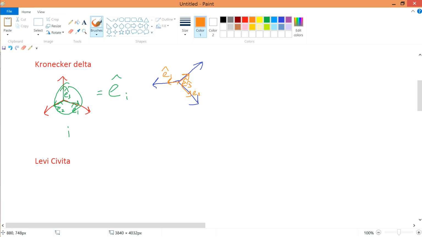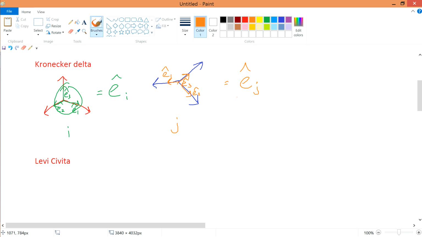So this other space has another configuration, another set of basis vectors, and I can call this j. In other words, I can call this E hat j.